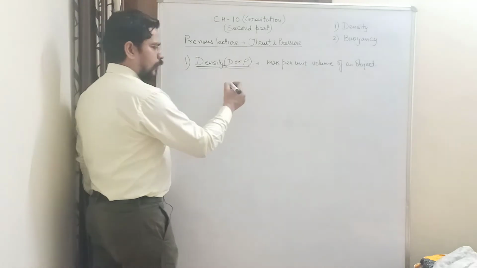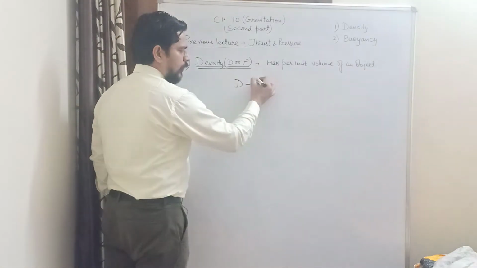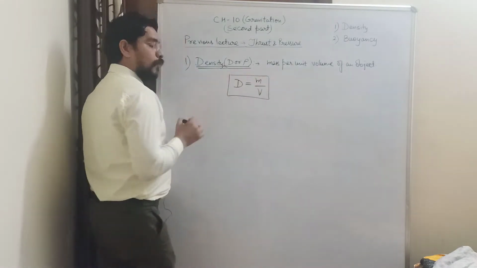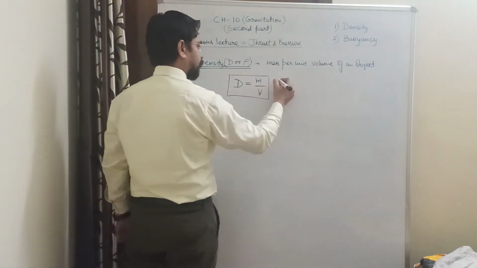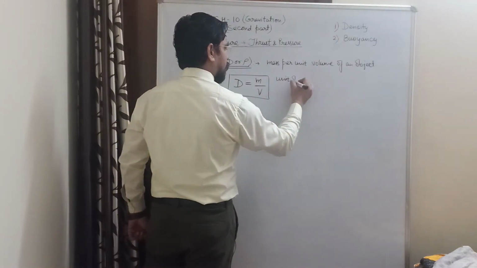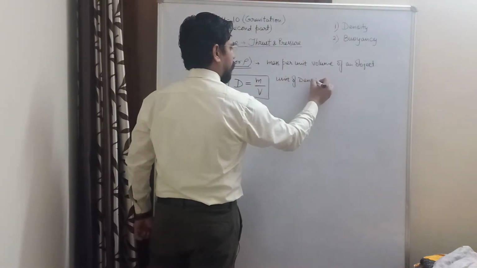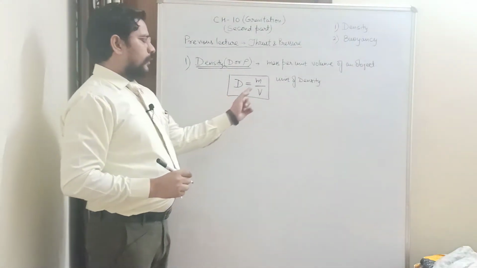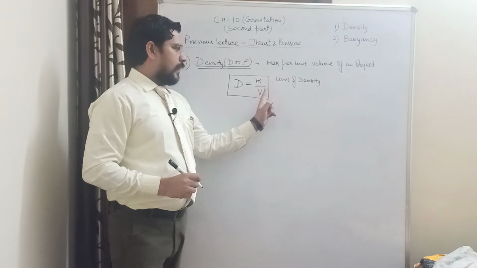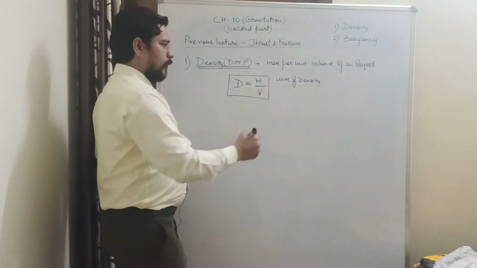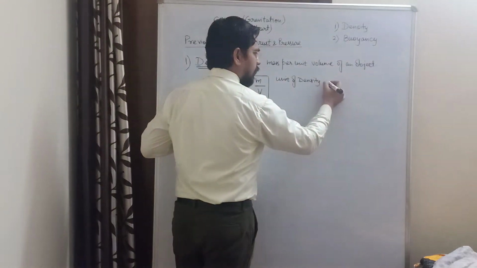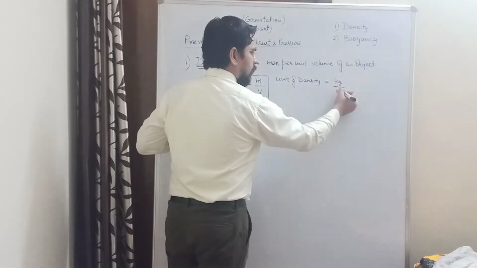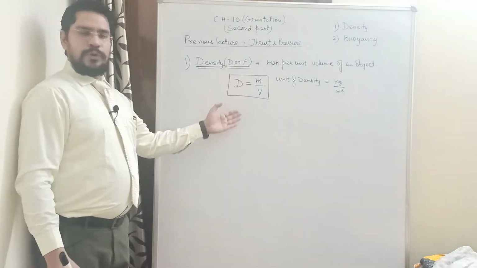So what is the formula of density? Density is defined as mass per unit volume. What is the unit of density? As you are dividing mass by volume, the unit of density is the unit of mass divided by the unit of volume. The unit of mass is kilogram and the unit of volume is meter cube. These are the SI units of mass and volume.